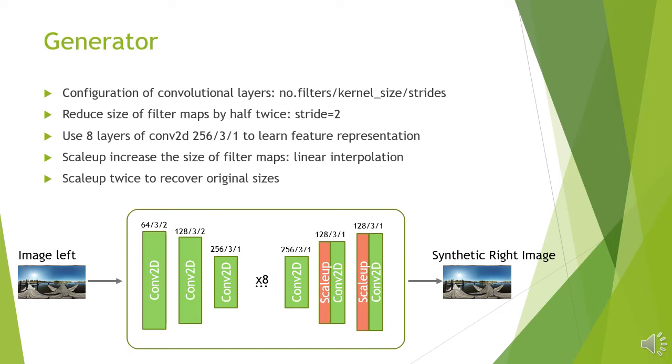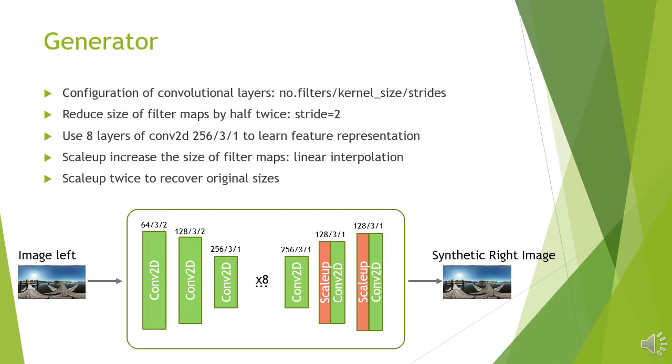Next, we go into the detail of the generator. As you can see on the figure at the bottom of the slide, the generator consists of multiple convolutional layers stacked on top of each other. Here we're following the encoding-decoding architecture, where the first few convolutional layers will try to reduce the size of the feature map.